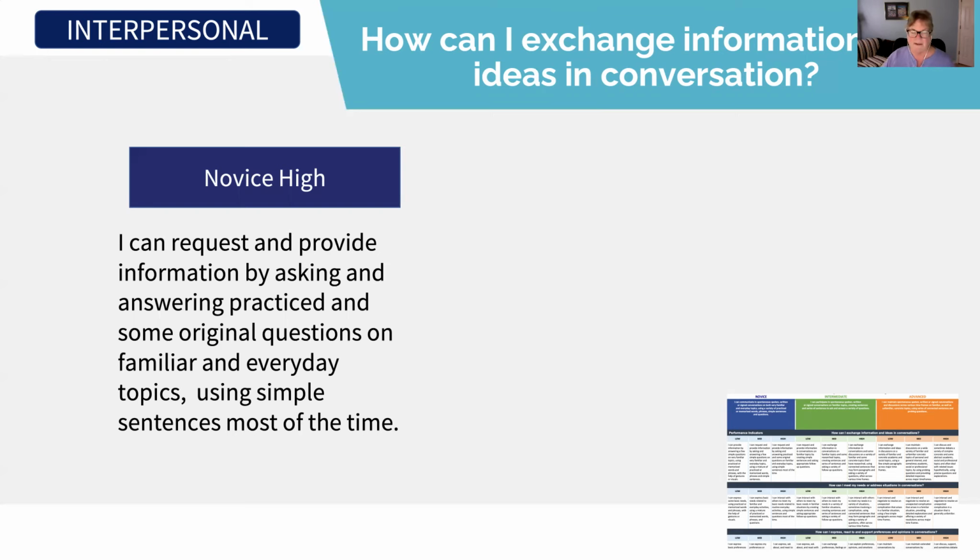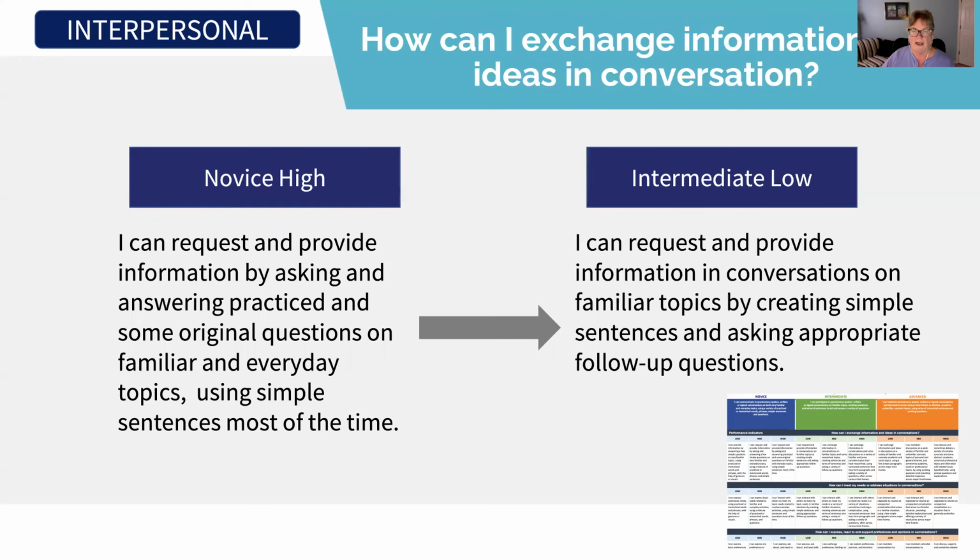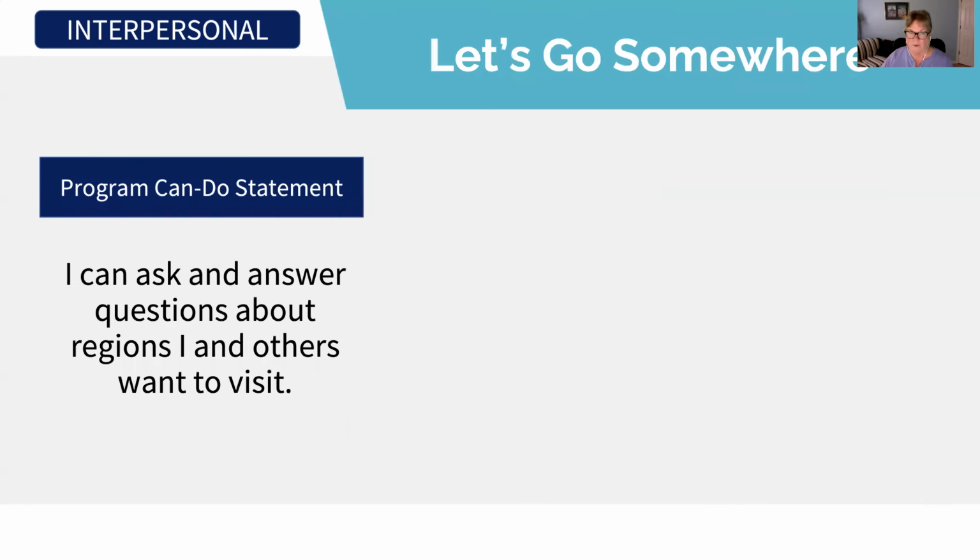And they use simple sentences most of the time. And that could be a range to intermediate low, where they're creating simple sentences consistently, and they actually move into some follow-up questions. So we are designing the task within the performance indicators that we've selected for our program.